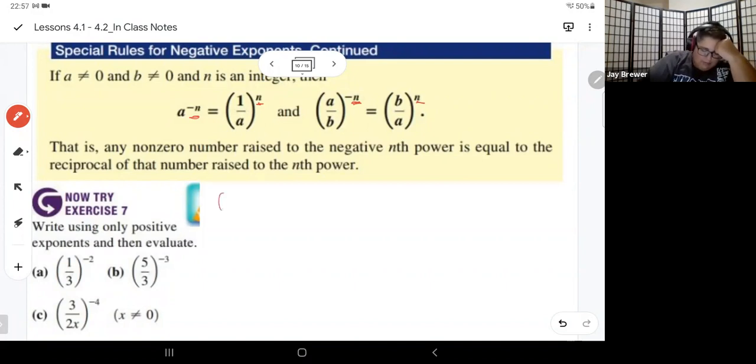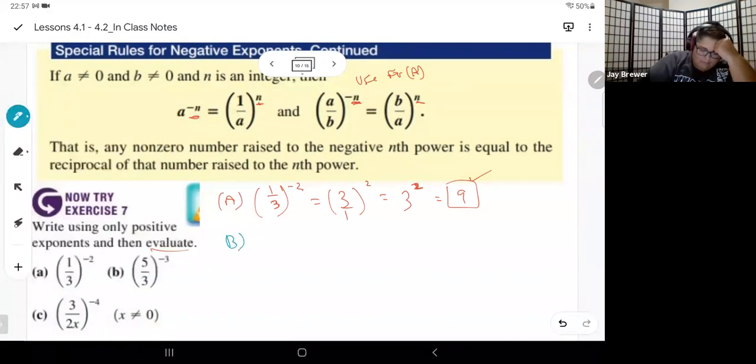For A, there's a couple of different techniques you can use, so you can explore those. But if we follow this rule for A, then we would flip the fraction. So it'd be 3 over 1 and square it, basically 3 squared. So that equals 9. We do have to evaluate it.